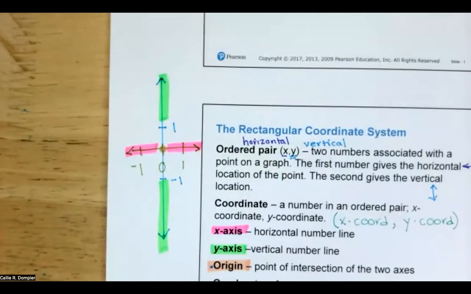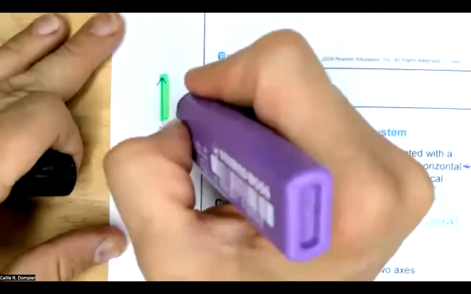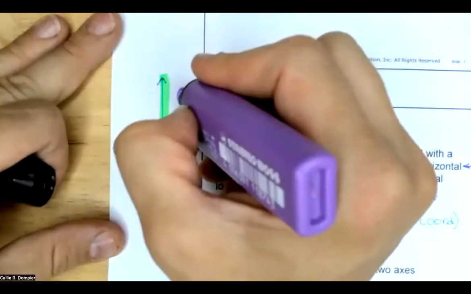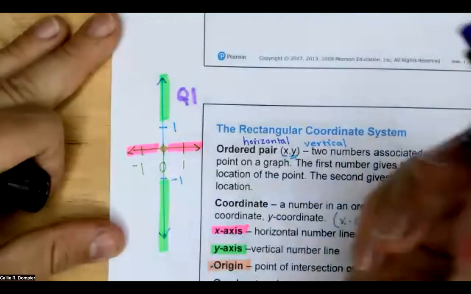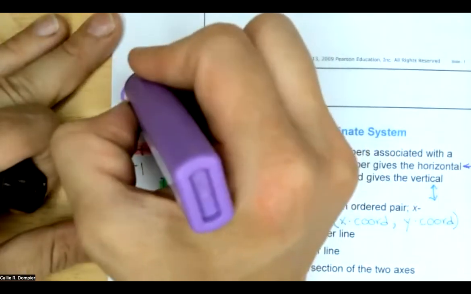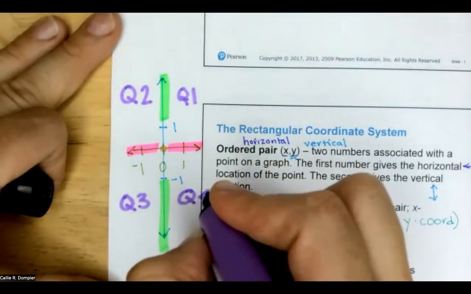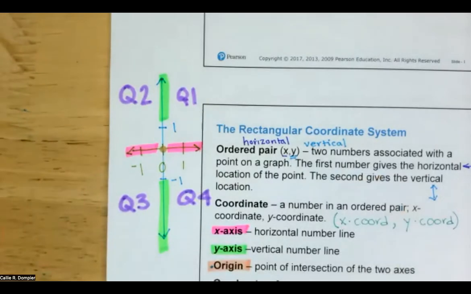So here we have quadrant 1. It goes in reverse clockwise position, or counterclockwise direction. So here's quadrant 2, here's quadrant 3, here's quadrant 4. Good. So quadrants are what the plane is broken into when we create the two intersecting lines.